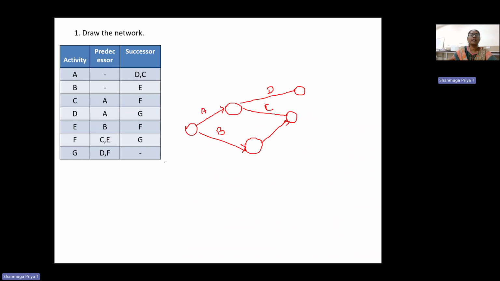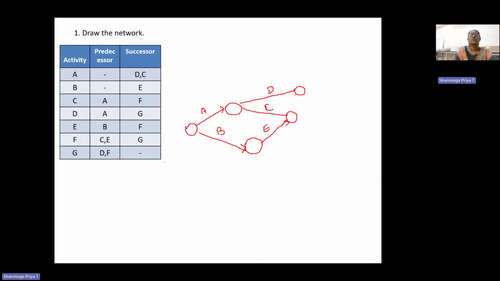C and D will start simultaneously after completion of A. E will start after completion of B. I am telling only the predecessors now, then we will check it. F will start only after completion of C.